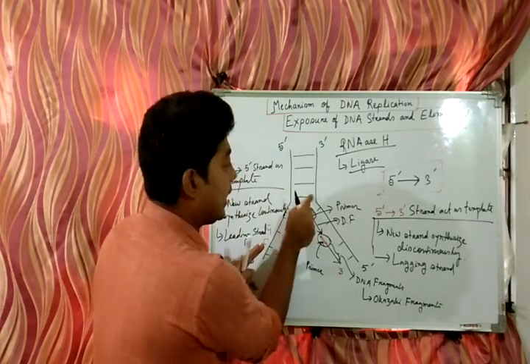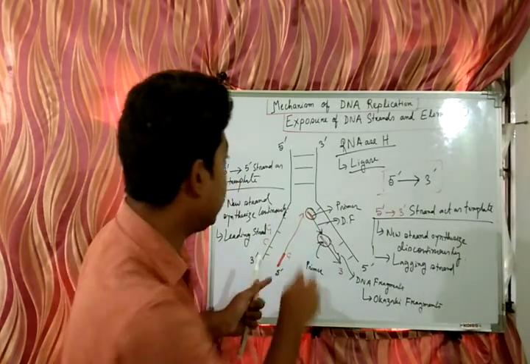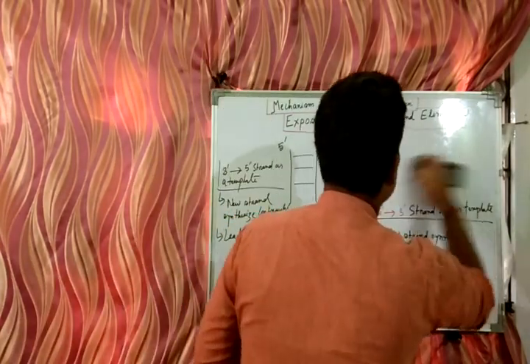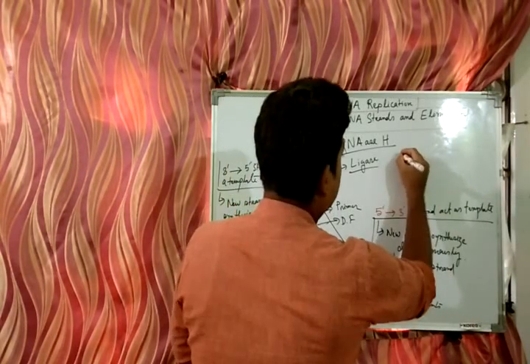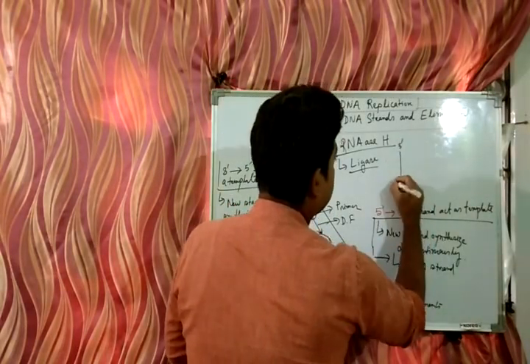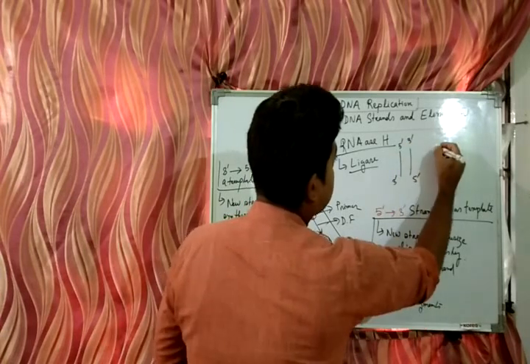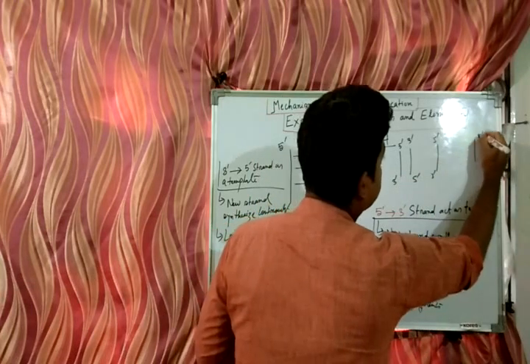The hydrogen bonds will break, and again, finally, suppose this is 5 to 3 and another one is 3 to 5.